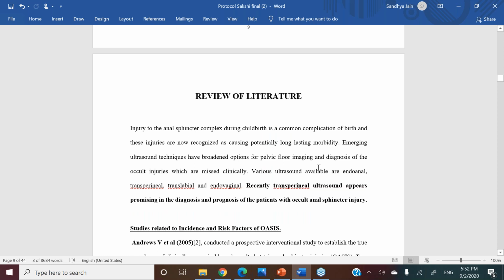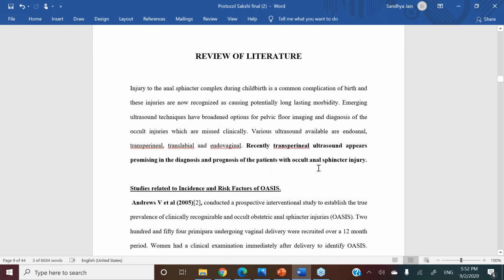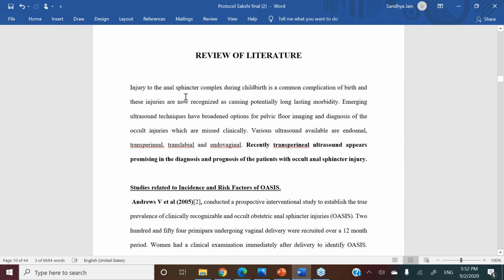of the literature. So I can just take 1 more minute to end here, that I started again with the injury to the sphincter. Childbirth is common, then various ultrasounds are available, and then recently transperineal ultrasound, my topic of interest, appears to be promising in diagnosis of sphincter injury.